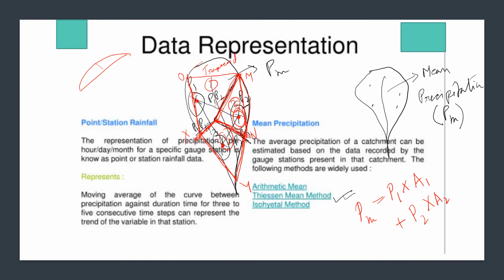A2 is the area of the polygon which surrounds the rain gauge station 2, that is P2, and P3 multiplied by A3, that means P3 is the rain gauge station 3, and this is the polygon.